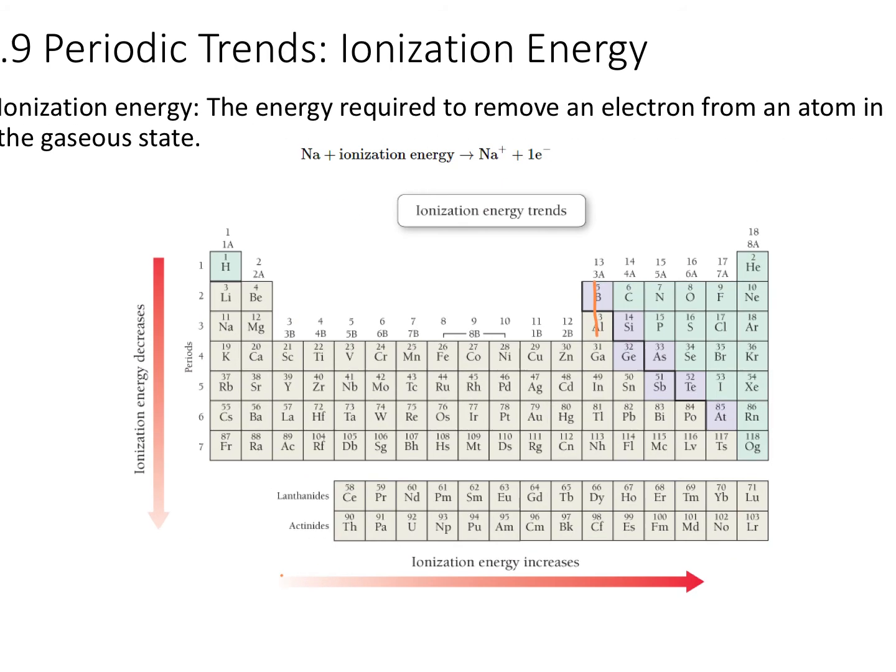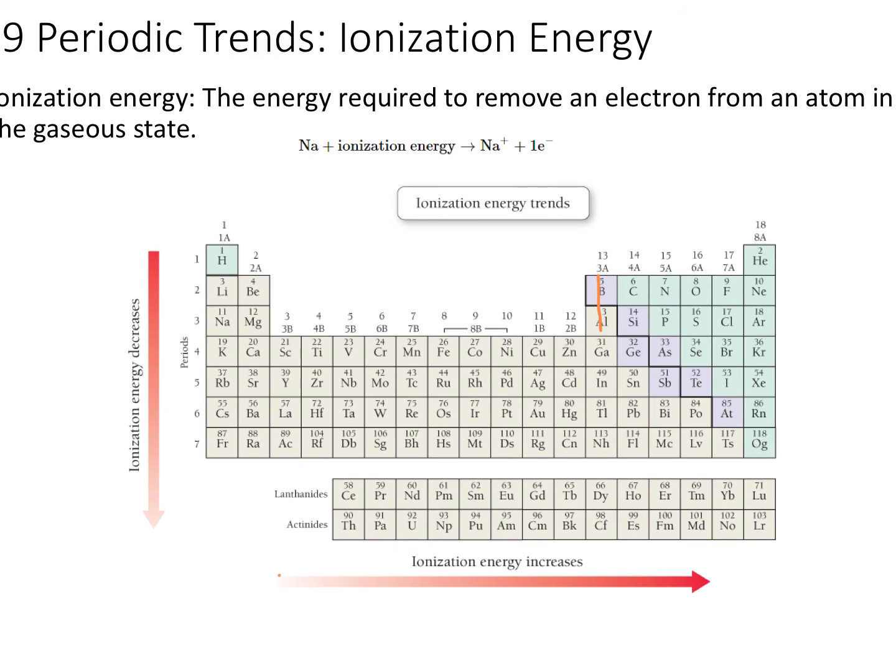So if you consider this table, when we go up to down, ionization energy decreases. And that is really related to metallic character that I'm going to talk about next. Because when we go up to down, metallic character increases, and we know metals like to lose electrons, so they more easily lose electrons. That's why ionization energy decreases.